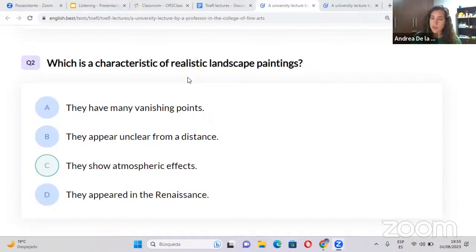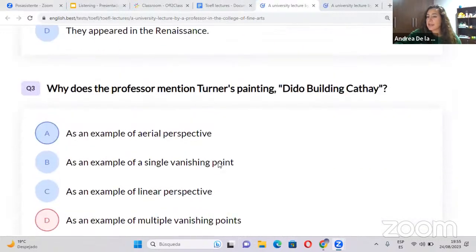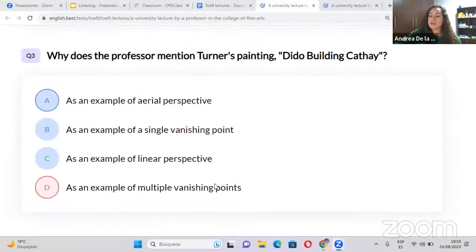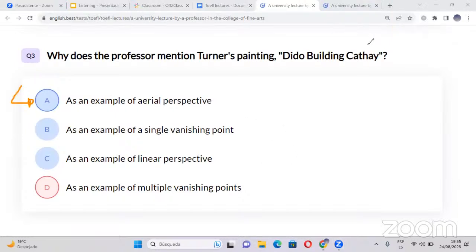So there are going to be some ideas that don't have a question. It's very unlikely, but it could happen that you have more than one question. So again, if you had to guess, the most likely thing is that you only have one question per idea. So if you know that the answer to this question is atmospheric effects, aerial perspective, and you had to guess the second one, then this is the least likely to be the one. Okay. So, yes.